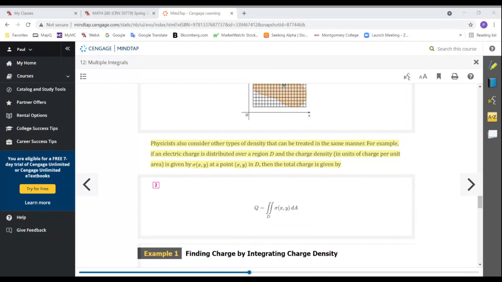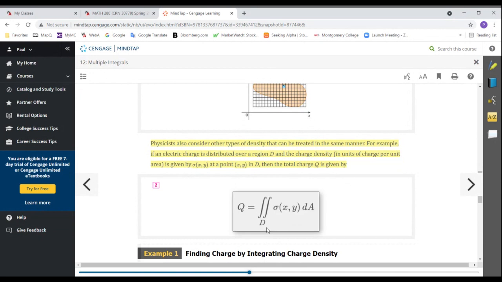For example, if you have electric charge that's distributed over region D, and you have a charge density, in units of charge per unit area, given by the function sigma of x, y, then the total charge would be equal to the double integral shown here in equation 2. Okay, all right. So double integrals are allowing us to study a variety of applications.